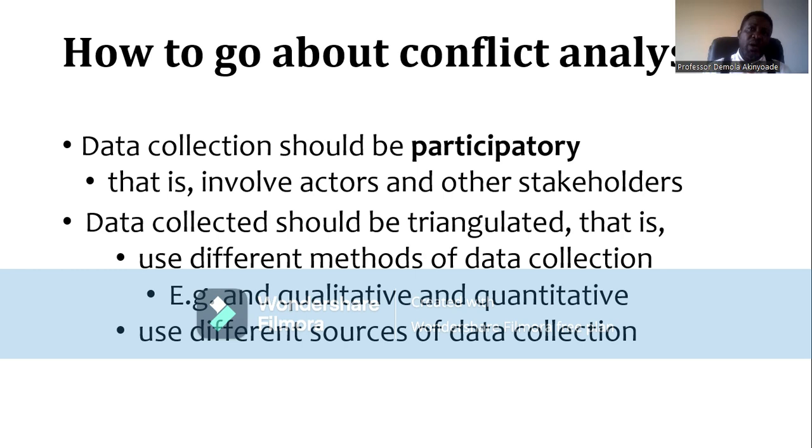This way, we ensure that our data collection is as accurate as possible. For instance, we collect quantitative data and also qualitative data, and there's agreement between the two. When we do that, the chances of error are minimized.